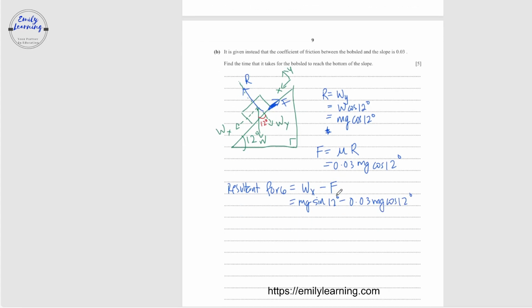And we know that resultant force is equal to m times a, right? So we can find what is a from here. We can cancel off all the m, right? So therefore g sine 12 degrees minus 0.03 g cosine 12 degrees equals a, and g is 10 meters per second square.